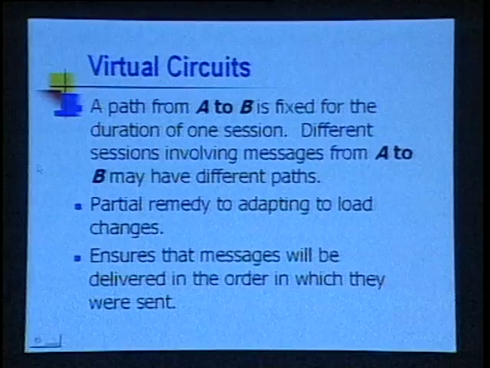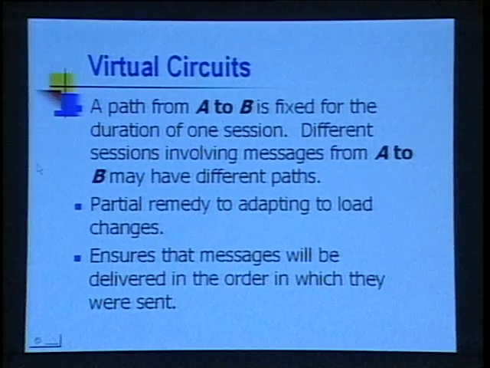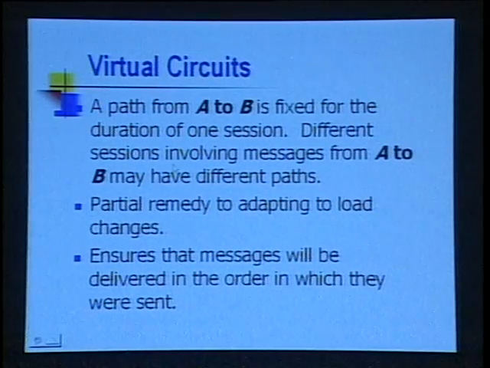Virtual circuits: primarily, a path from A to B is fixed for the duration of one session only. If we have multiple sessions, the different sessions involving messages from machine A to machine B may have different paths. This provides a partial remedy for adapting to load changes.